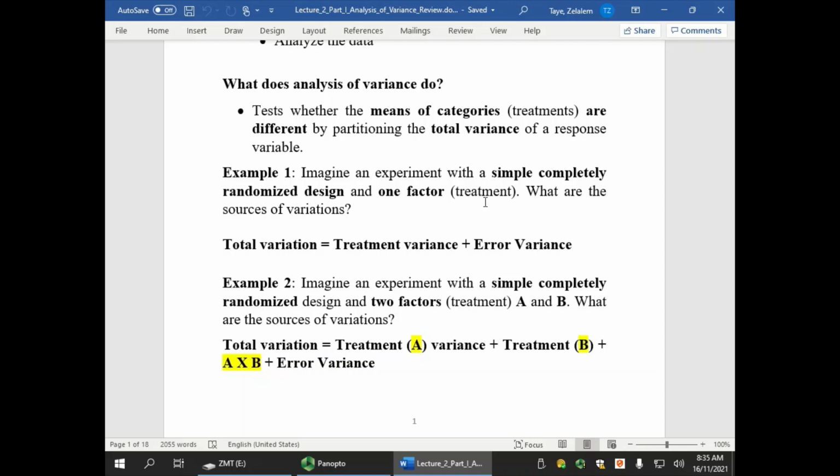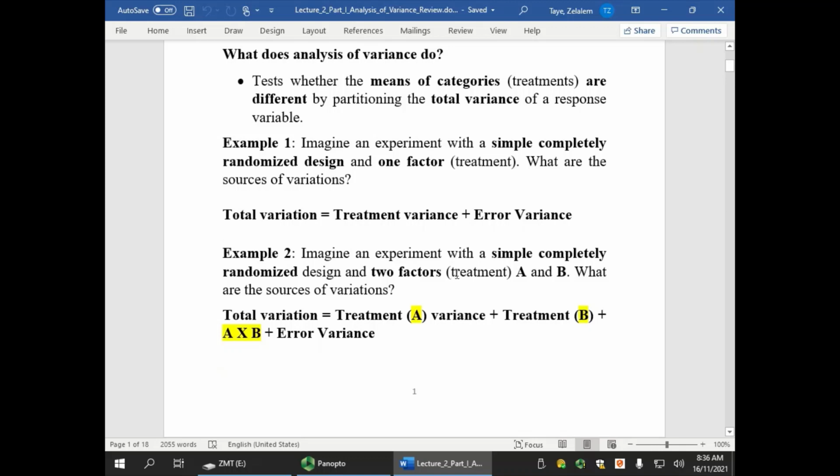When you are measuring something, there is a total variation in it, and that total variation could come from different things. In this example, you have a simple experimental design, so you have an effect coming from the treatment and an effect coming from random experimental error. When you add the two, you have the total variation, and it is explained by the two sources of variation.